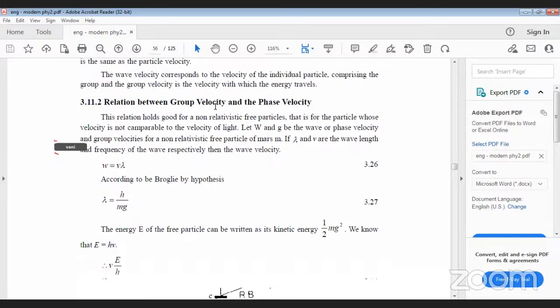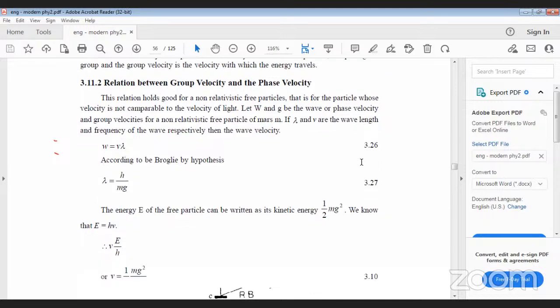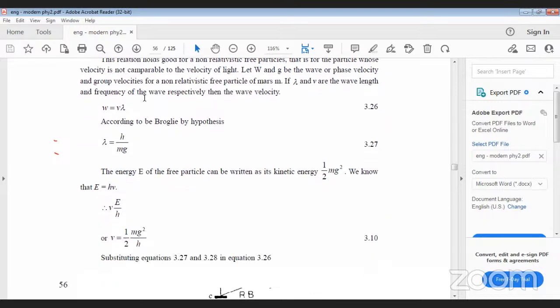Next, the relation between group velocity and phase velocity. Earlier we saw the relation between group velocity and particle velocity; here it is group velocity and phase velocity. For the wave velocity, W equals V lambda, and de Broglie's equation is h by mv, where V is the velocity.